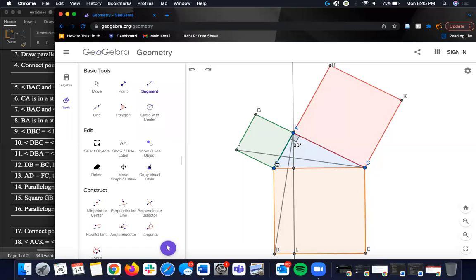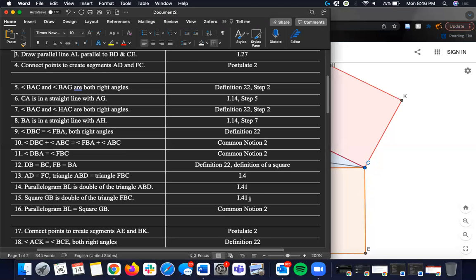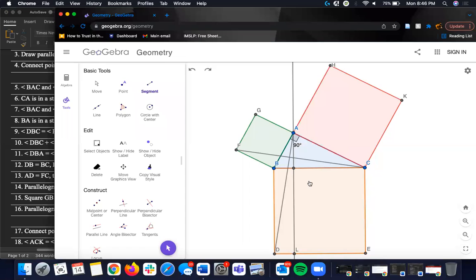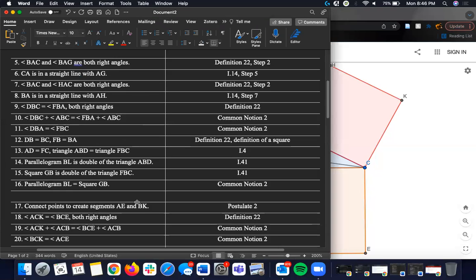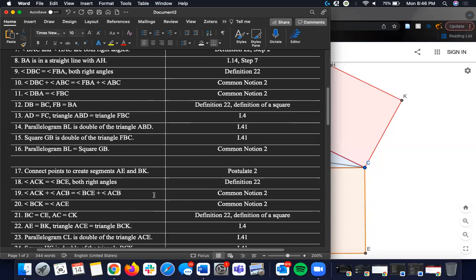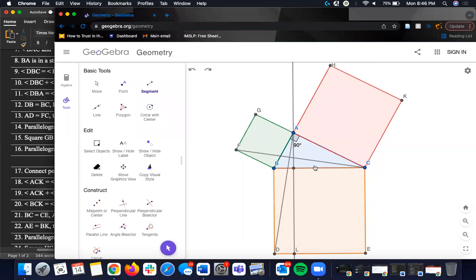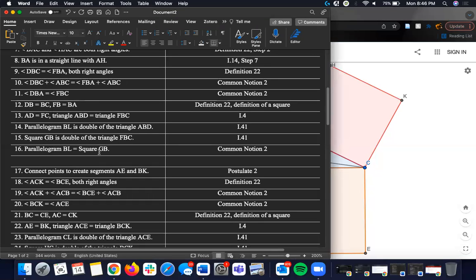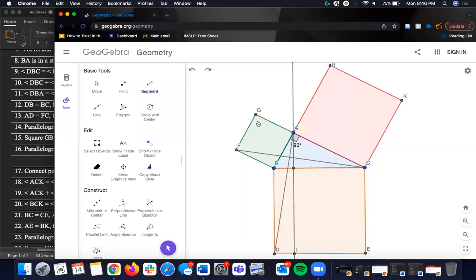The same thing occurs with this square GB and the triangle FBC, because they share the parallel lines GC and FB and the same base FB. According to Proposition 41, the triangle is half of this square. And because of Common Notion 2, since the triangles were equal and they are both half of the parallelograms, then the parallelogram and the square are equal. So this square GB is equal to the parallelogram BL.